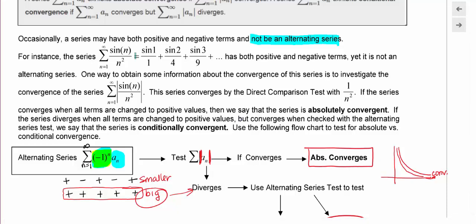So it's going to have both positive and negative terms, yet that is not an alternating series. If you see the signs written out, that does not necessarily make it alternating. We need to make sure that alternating condition is on there.